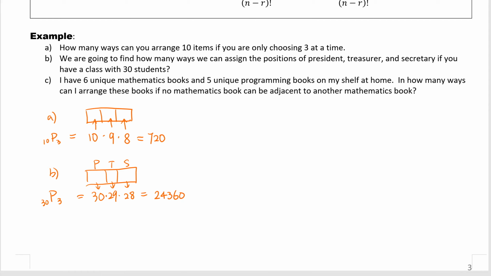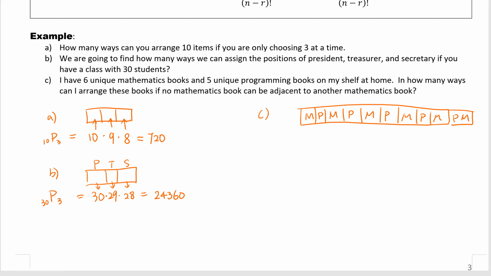The math books need to not be next to each other, so they are separated by the programming books. The picture is math, programming, math, programming, math, programming, math, programming, math. How many math are there? 1, 2, 3, 4, 5. Oh, we need 1 more. So now we have 6 math books and 5 programming books.